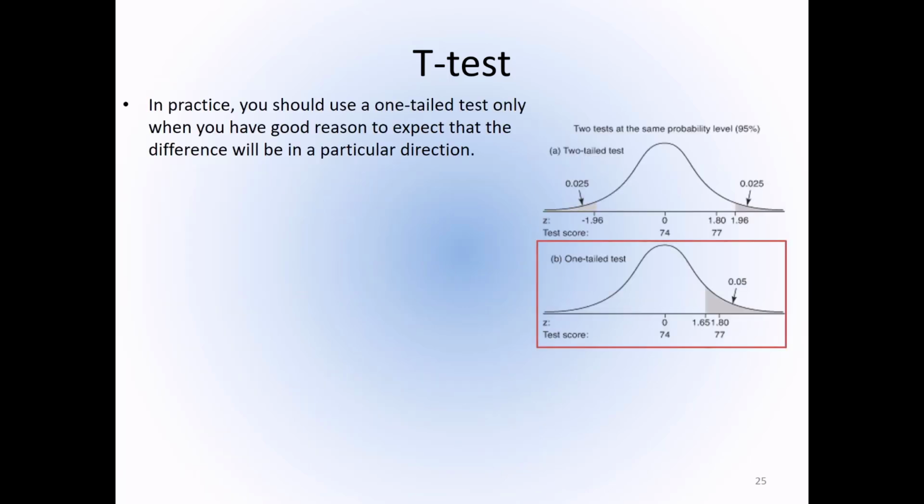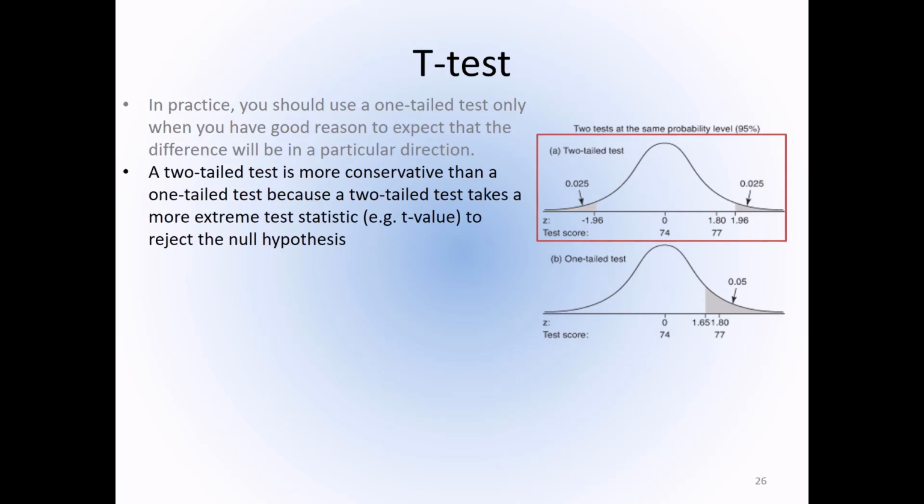Now, in practice, we should only be using these one-tailed tests if there's a particular reason to do so. This could be based on the question of interest, or this might just be based on the word problem that you're given in this particular class. The reason for this is that if we're considering both sides of the curve during a two-tailed test, because we're interested in both the right tail and the left tail of the distribution, it makes our determination of whether we're seeing a significant difference from the mean to the hypothesized value more conservative, meaning that it requires a more extreme test statistic.